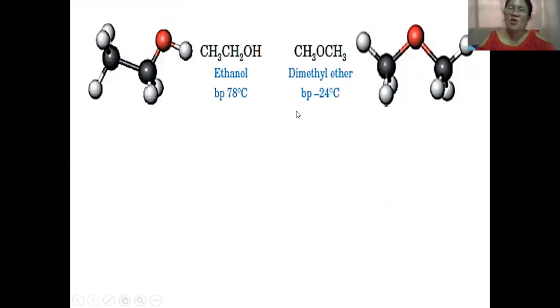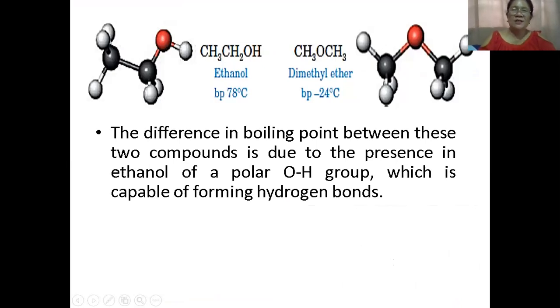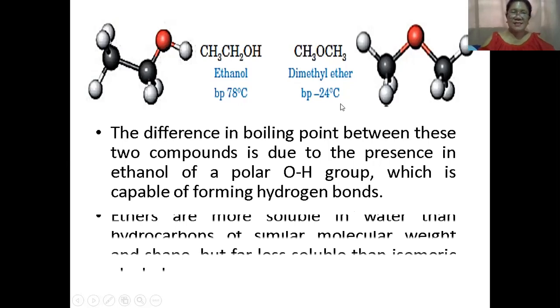This is an alcohol and this is an ether. Take a look at the boiling points. Very far apart: the boiling point is 78 for one and negative 24 for the other. Why? Because of the presence of the OH group. This one has no OH, this one has. Hydrogen bonding is why this has a higher boiling point compared with this.